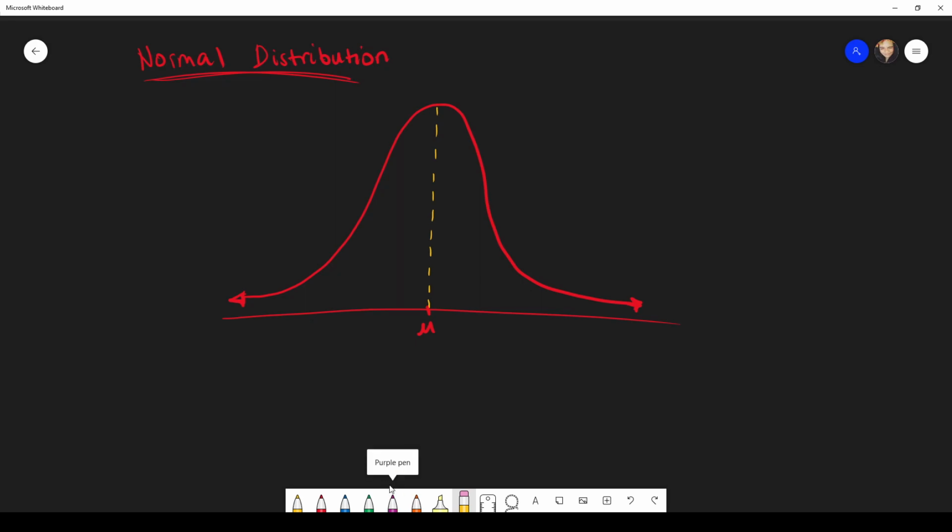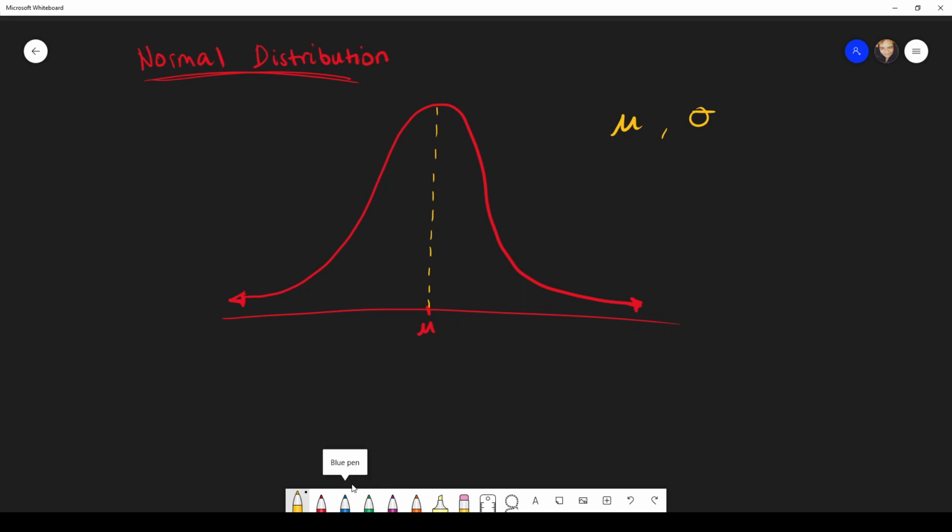Now, for a normal distribution, there are two parameters that we should know. One is the mean, because the mean would tell us the middle or where our symmetrical line would be, and also the standard deviation, which is represented by the small case sigma.